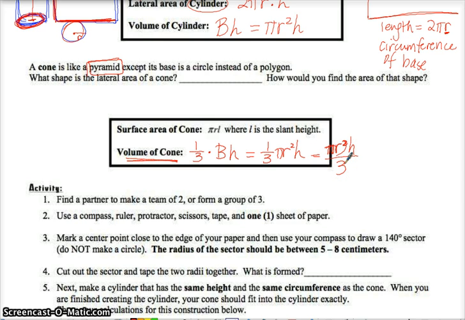What shape is the lateral area of a cone? Okay, that's tricky. And if you were to do the next activity that we would typically do in class, if you want some visuals, I can help you in class. So think about it. Have you ever drank from one of those little paper cups that looks like a cone? Well, if you took that paper cup apart, what shape would that be?